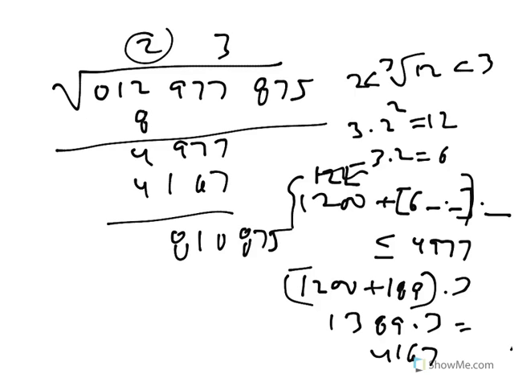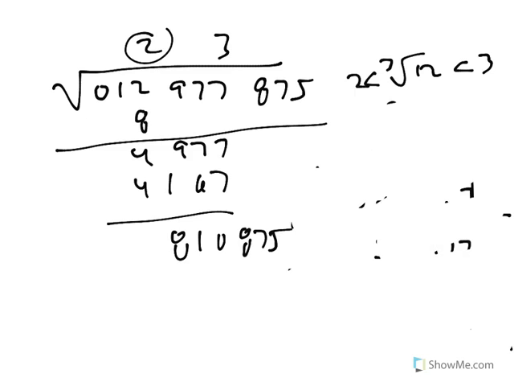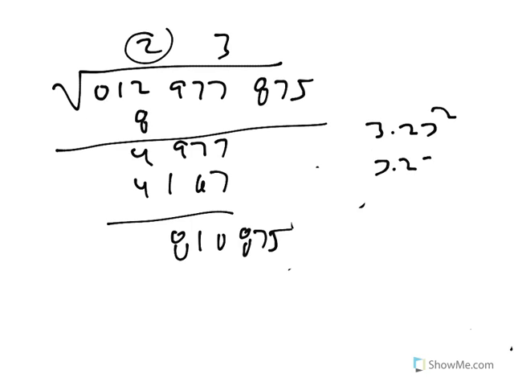Now I do the same thing in this case. Get rid of all this. I try to figure out, well, first of all, 3 times 23 squared and 3 times 23 are needed. 3 times 23 is 69. 3 times 23 squared is 1587.